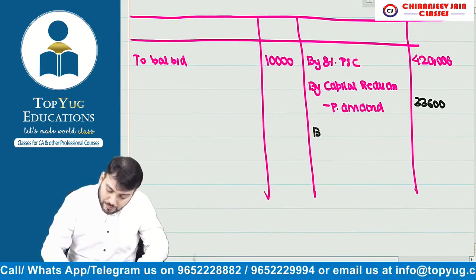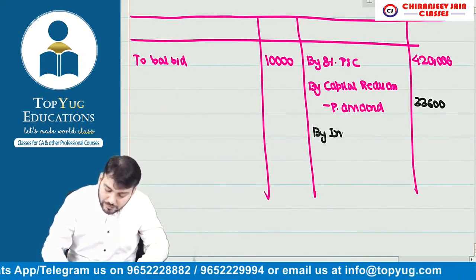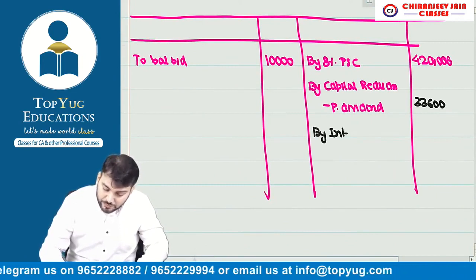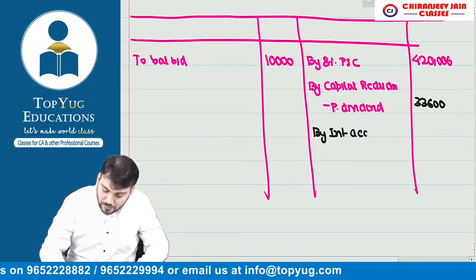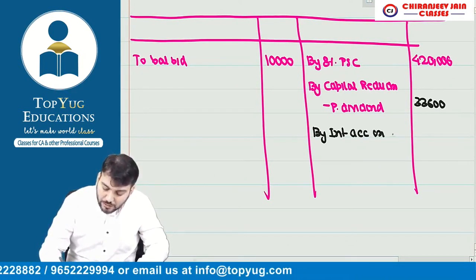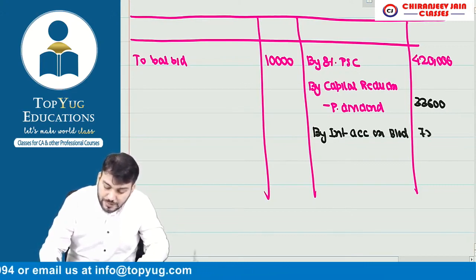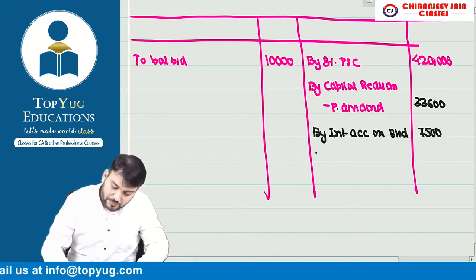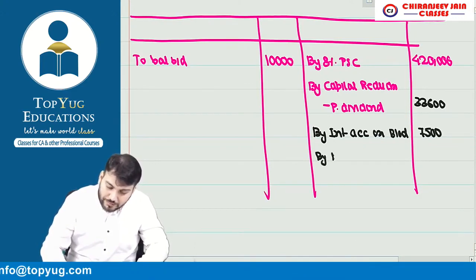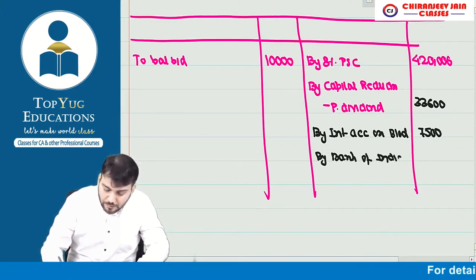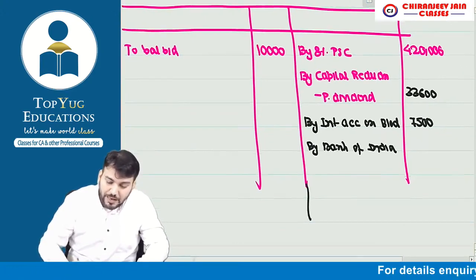Then by interest accrued on bank overdraft, 7,500 paid. Then by Bank of India. बैंक ऑफ इंडिया कितना पे किया? 1,50,000.